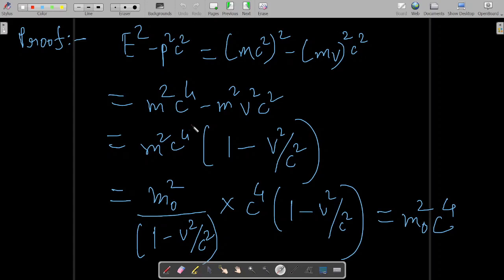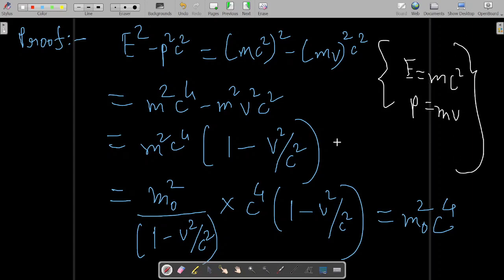E equals mc square is by Einstein's mass energy equivalence relation, and P equals mv is the fact that momentum is mass into velocity, which we have been learning since lower classes.